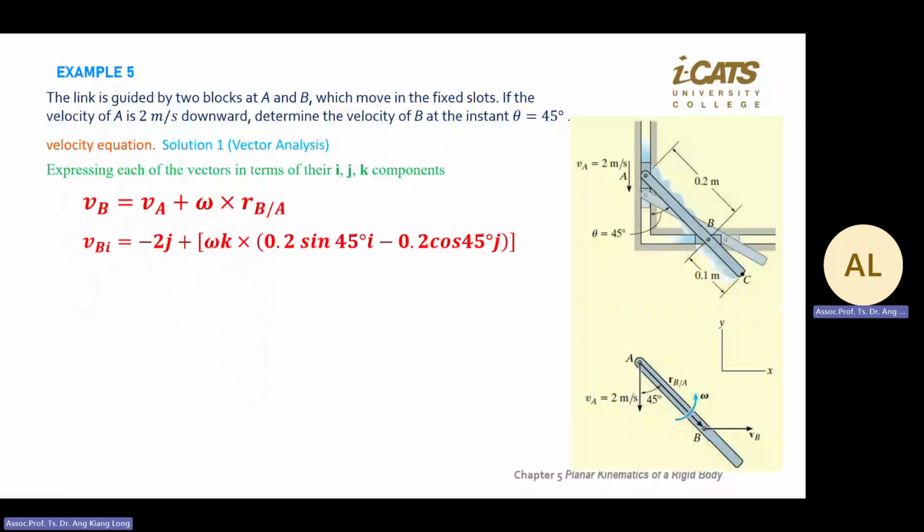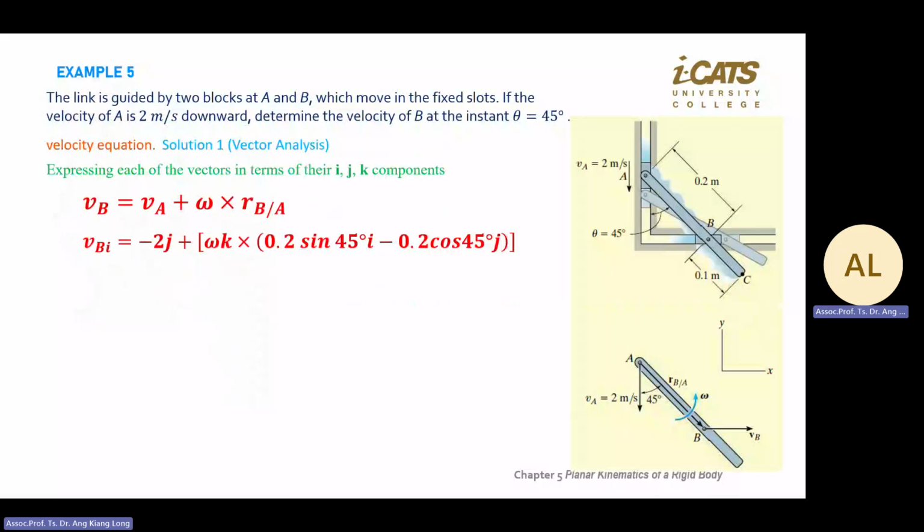Where is your omega? You know that this rotates like this, and you are using the right hand rule. So when you point outside the sheet of paper, omega is positive K, because it agrees with your right hand rule. So positive direction.